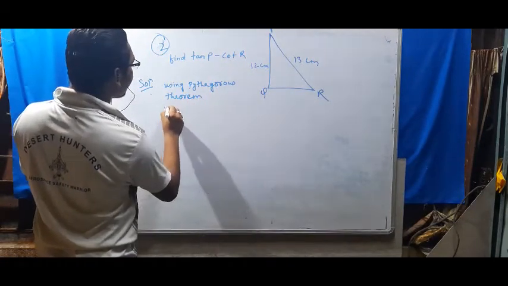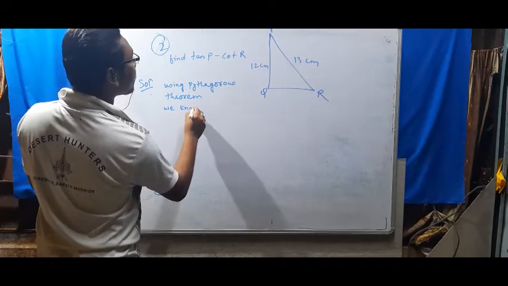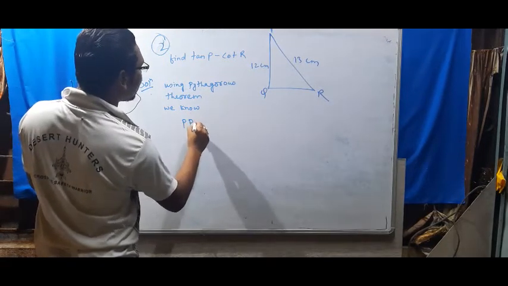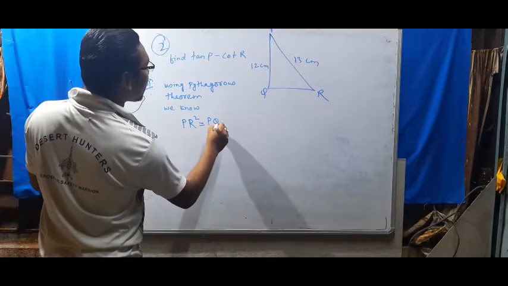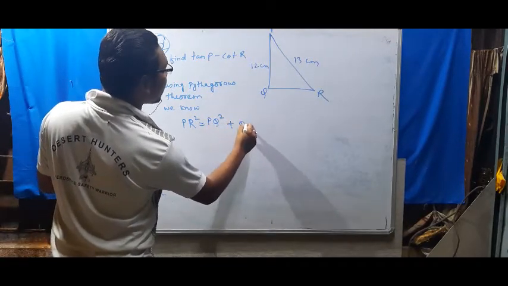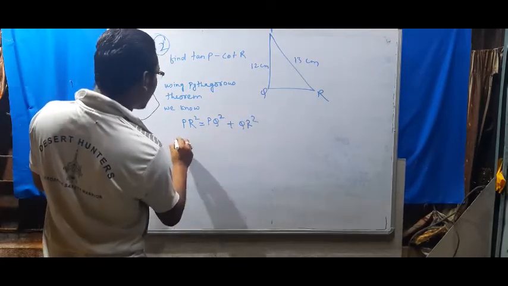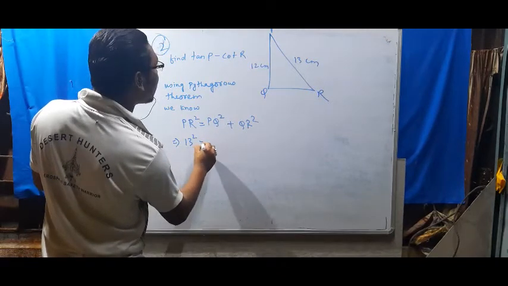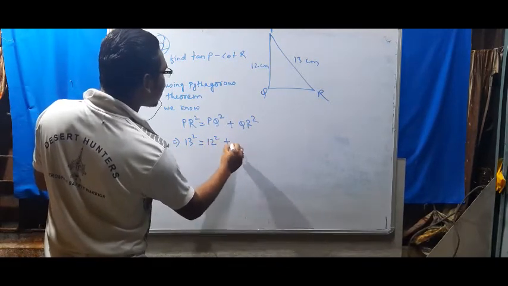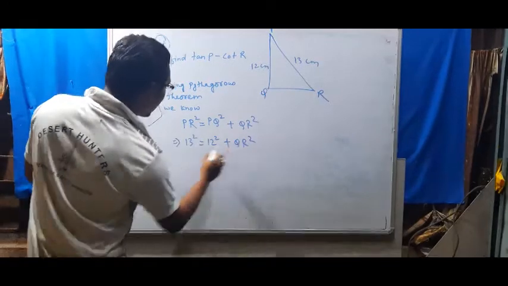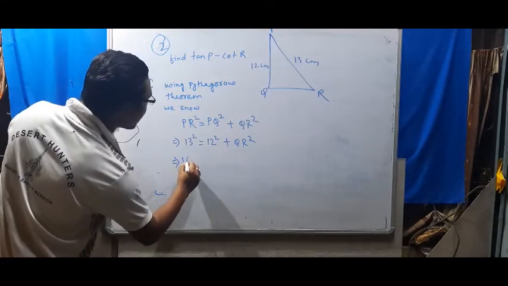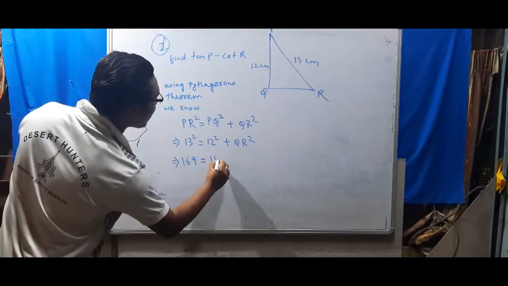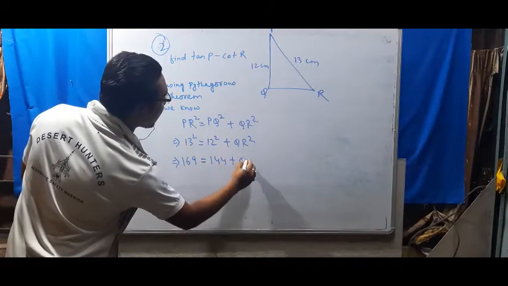We know PR square equal to PQ square plus QR square. That is 13 square equal to 12 square plus QR square. 13 square is equal to 169, 12 square is 144 plus QR square.